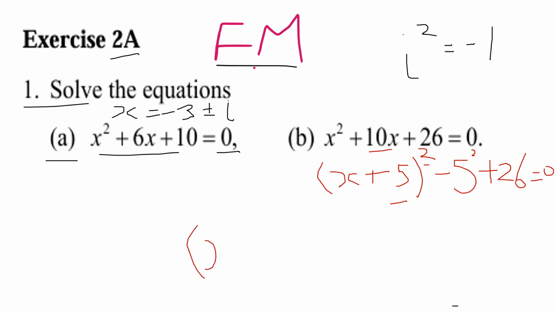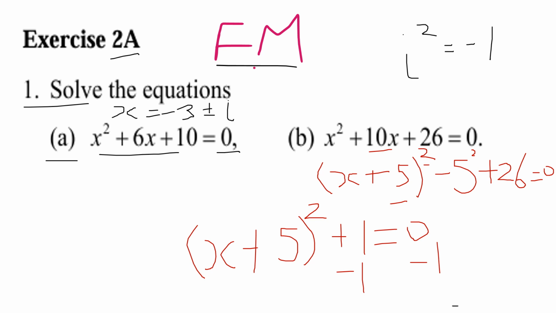So we're going to have x plus 5 all squared plus 1 equals 0. Subtract 1 on both sides, then square root both sides. So x plus 5 is equal to plus or minus root minus 1, so that'll be plus or minus i.